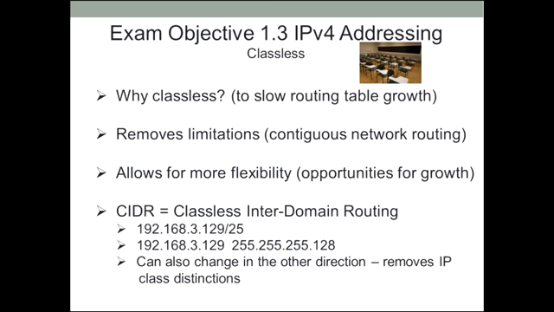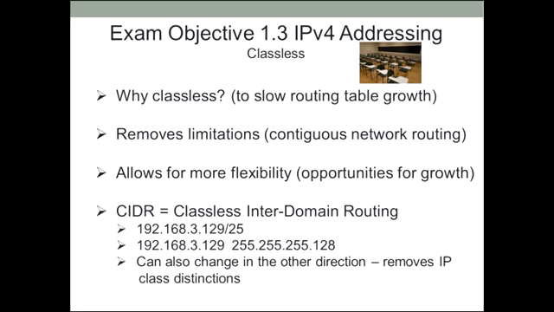So now, we've talked about classes of addresses. Now let's talk about classless addressing and why we should be thinking about classless addressing. The first thing is that classless addresses actually slow the growth of routing tables. The larger a routing table grows, the slower a router performs, the slower a network goes.